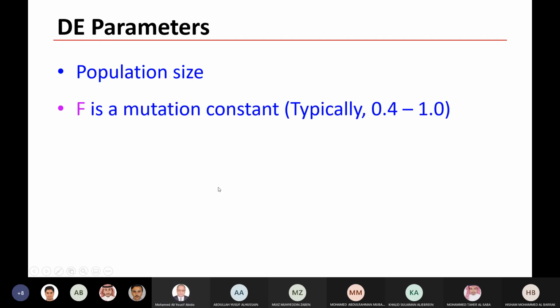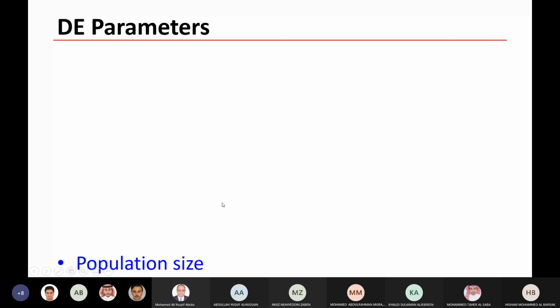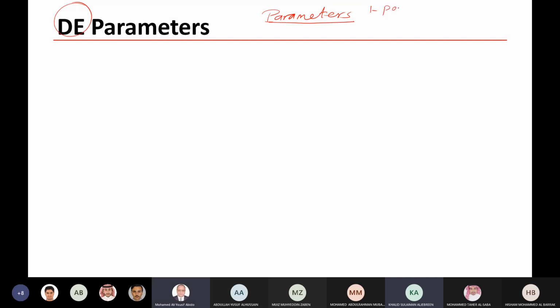Okay. So what are the parameters of the differential evolution here? What are the parameters that we need to set at the beginning? The F parameter? Yes. Parameters of DE. Aren't they similar to the population size?